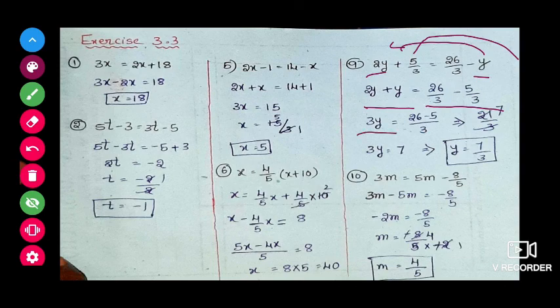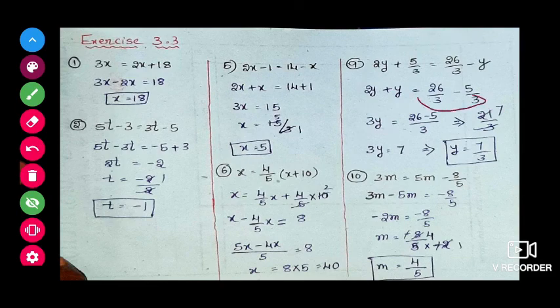Now 2y plus y, 3y is equal to, here we have both the denominators equal. So we can proceed with the subtraction of the numerators. So 2y plus y is 3y, and this side the same denominator, numerators 26 minus 5. We will get 21 by 3.